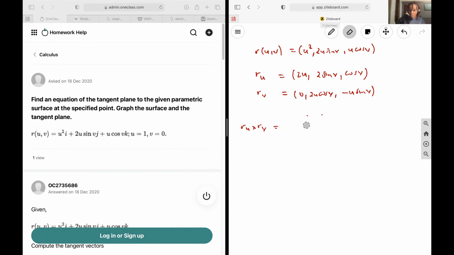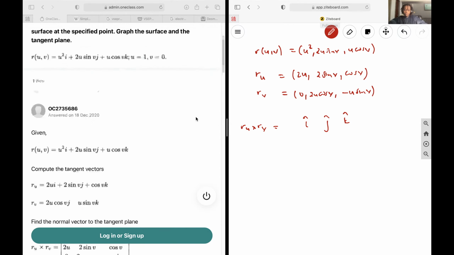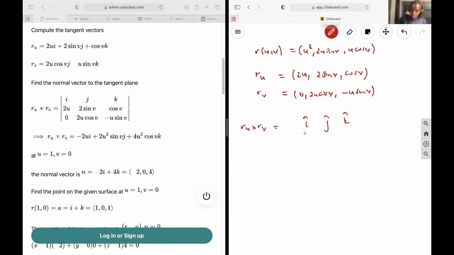You'll have i, j, k, and then you're just going to put in Ru here, and then we're going to put in Rv right beneath it.